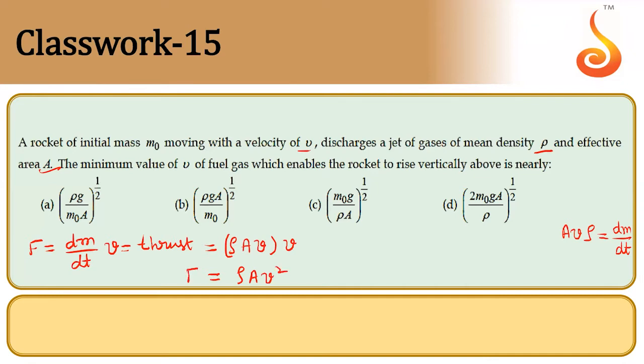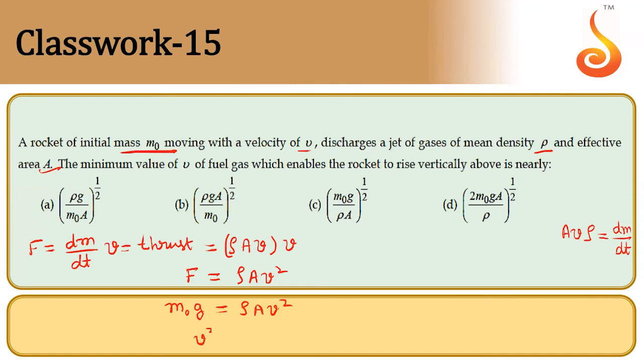This is the force. So this force should be equal to what? It should be able to lift off the mass. The initial mass of the rocket is m naught. It should be able to lift off m naught into g. So that should be equal to rho a v square.